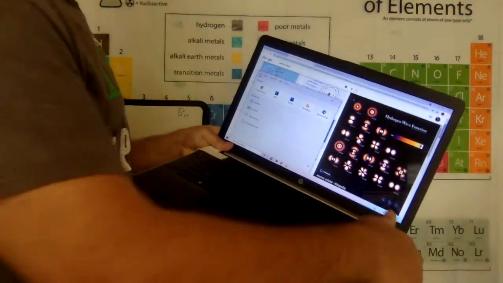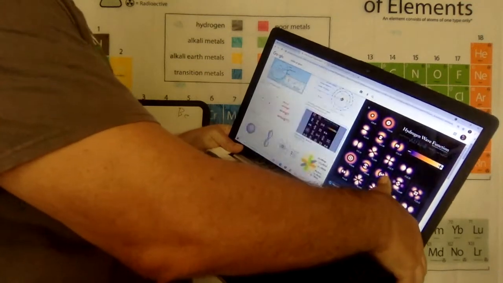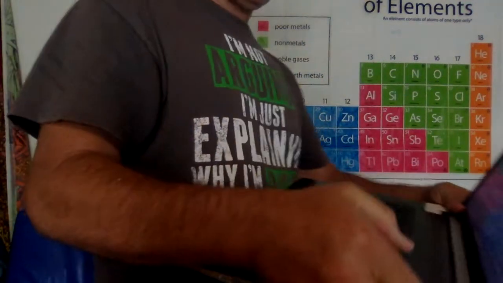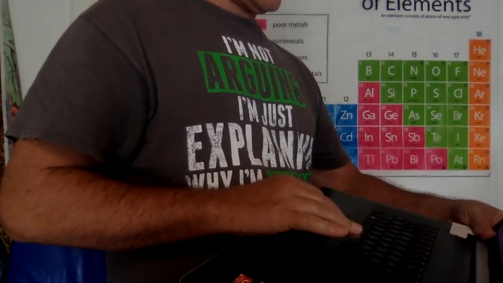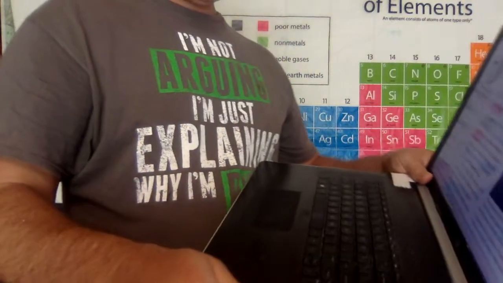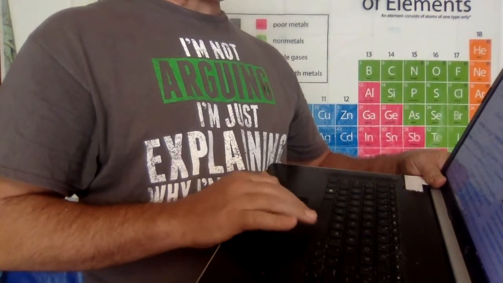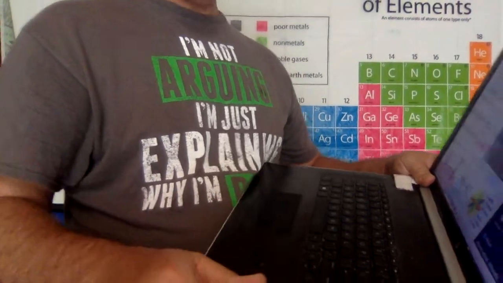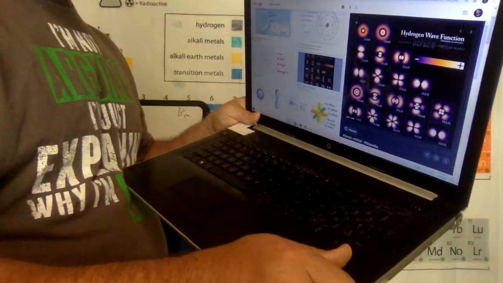They look more like this, all kinds of weird clouds. Oh man, I hate that this broken computer's a touch screen. There's a Wikipedia page showing that they have different shapes, but those are the clouds. And when they say a cloud, it's because one electron moving around a million times is a cloud.